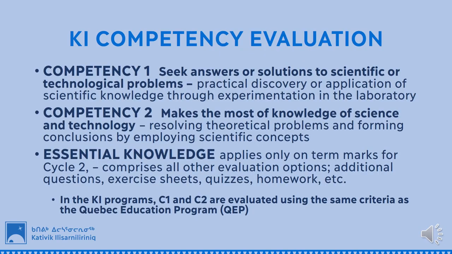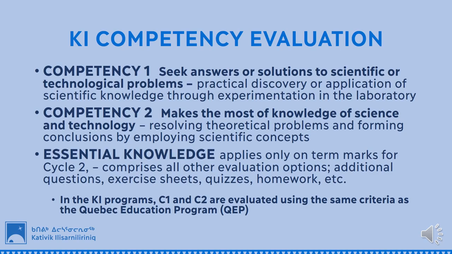The KI program follows the QEP competencies. Effectively, Competency 1 is the practical part of science, the knowledge that comes from experiments and hands-on activities. Competency 2 is the theoretical knowledge students need to apply to a particular situation. The evaluation in the KI program differs from the QEP by including essential knowledge.